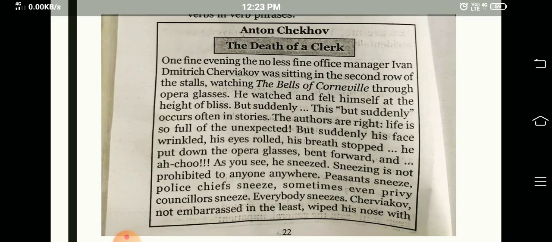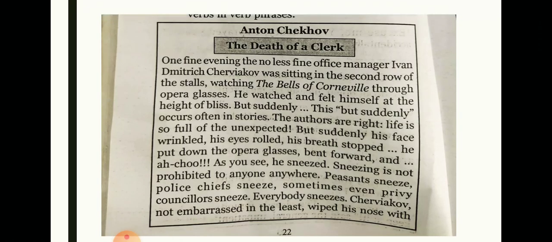Eyes of the Cat. Next, Anton Chekhov has The Death of a Clerk. This is a very funny story, though while we read it we will find it funny. So you just go and read it, because this is the story of a clerk who sneezed in front of an official, not an officer of his own department, but an officer of another department.